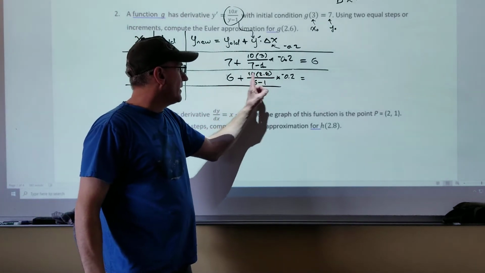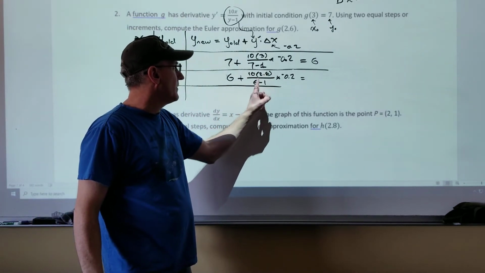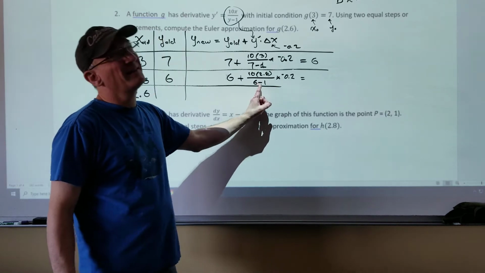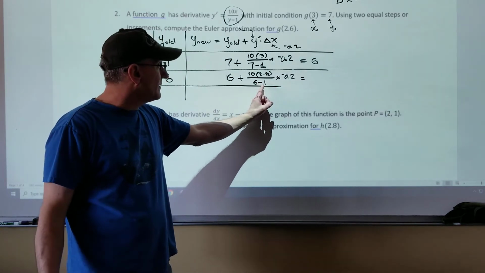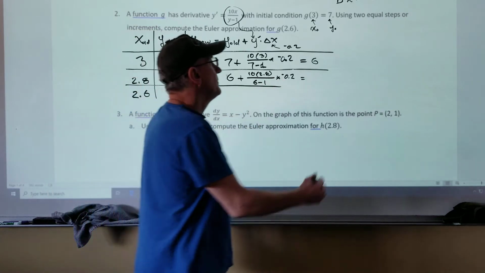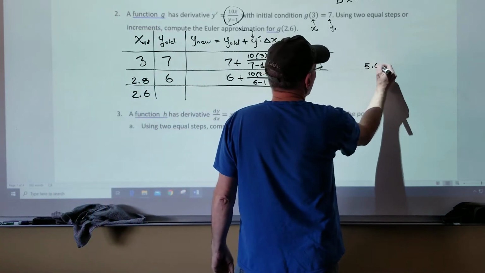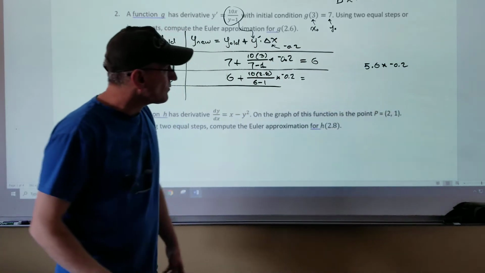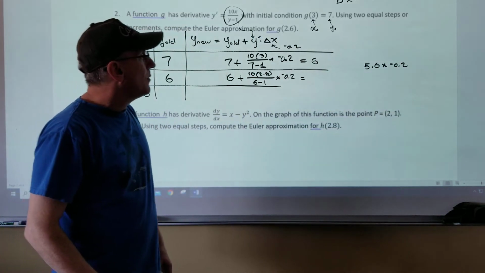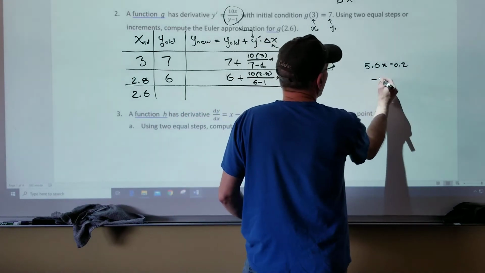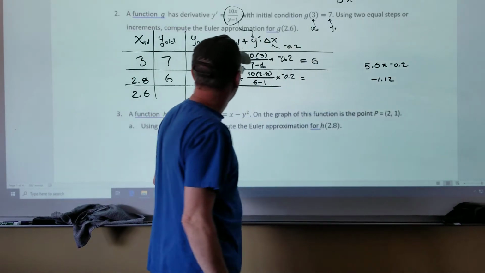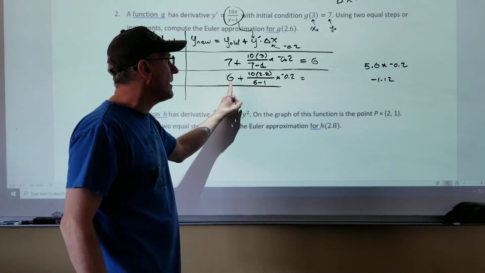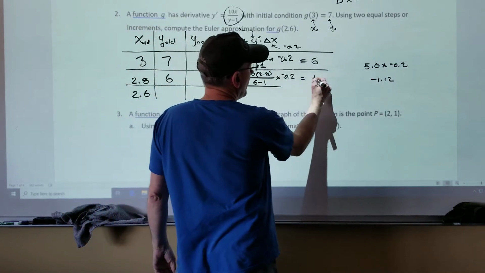This is 28, and this is 5. 28 divided by 5 is the same as 56 divided by 10, so you get 5.6. So you have 5.6 times negative 0.2, and I believe that makes negative 1.12. So all of this is negative 1.12, and then you have to add 6 to that, and you get 4.88.